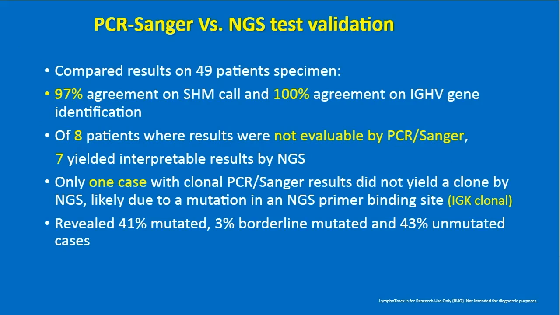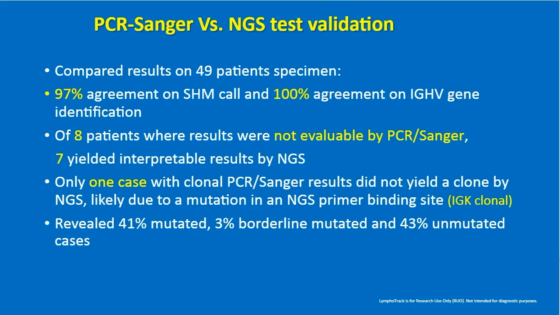agreement with the mutation call, compared with the leader sequence-based PCR assay. And for 8 patients we couldn't evaluate by PCR Sanger sequencing, but NGS actually helped us get a clearer result on those cases. So as you can see, NGS definitely improved significantly the interpretation and analysis of the SHM status.